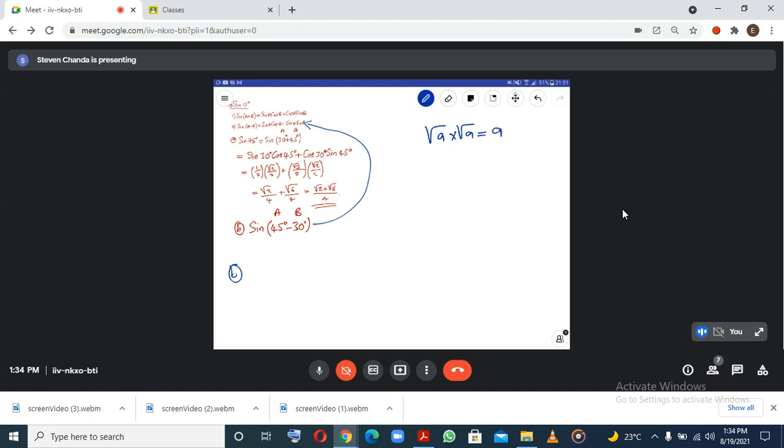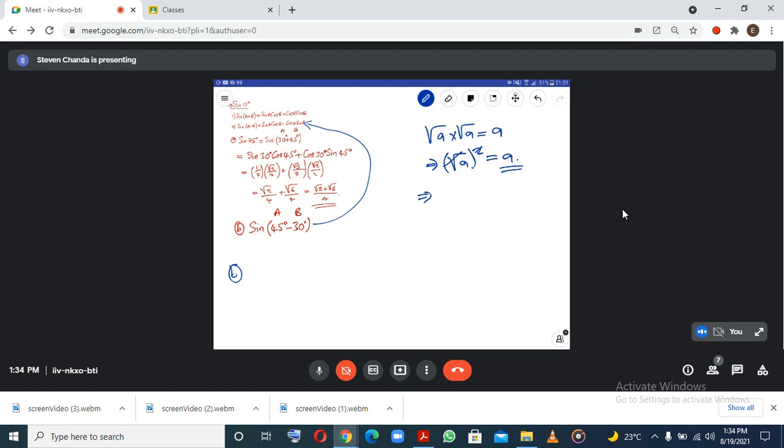If the things in the square root are the same, it's the same as doing this, then it's this square, and the square cancels the square root, so you are going to have a.